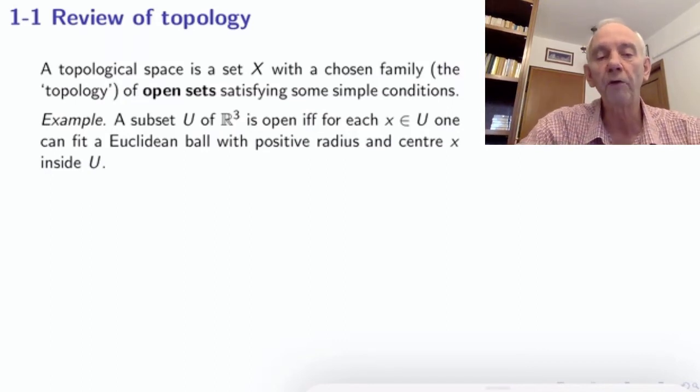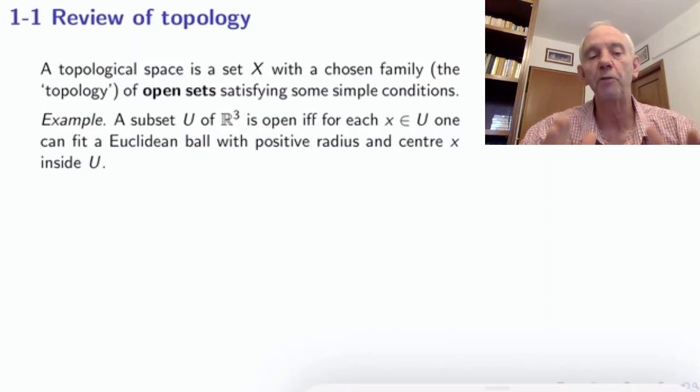If that's true for all points of the subset, then the subset is open. So, for example, if you take a cube with its boundary faces, that is not open because that property does not work if you choose a point of the boundary. But if you take a cube and remove its boundary faces, what's left is an open subset of R3.